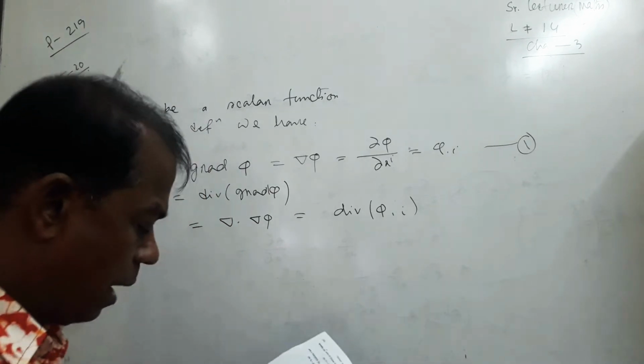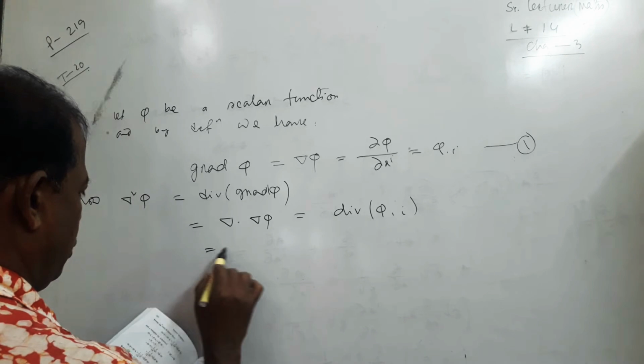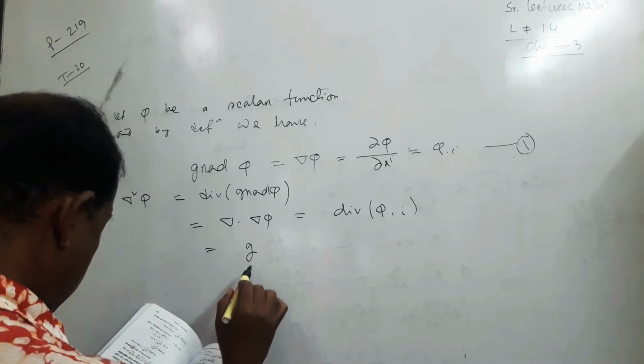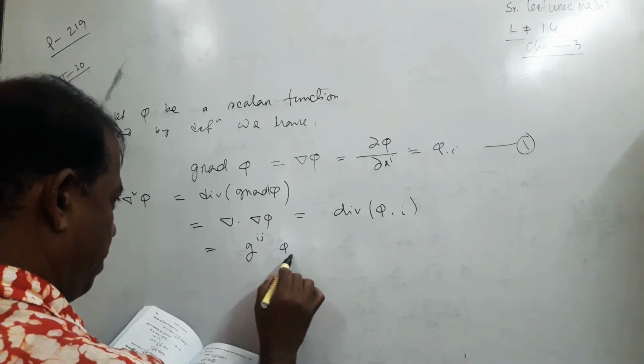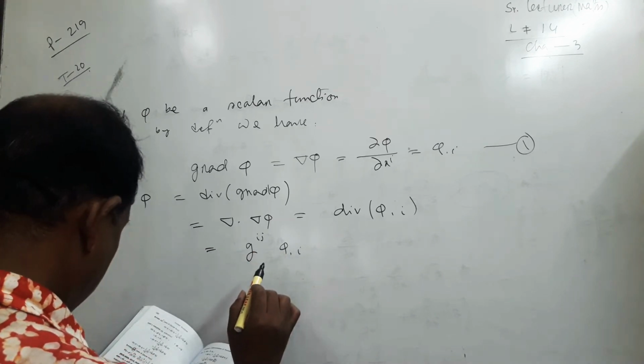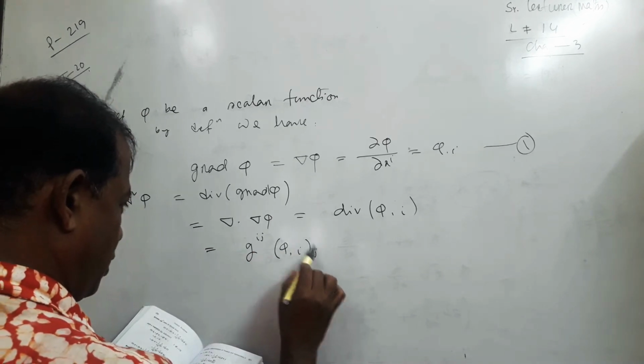Phi comma i is also g^{ij} phi comma i into j.